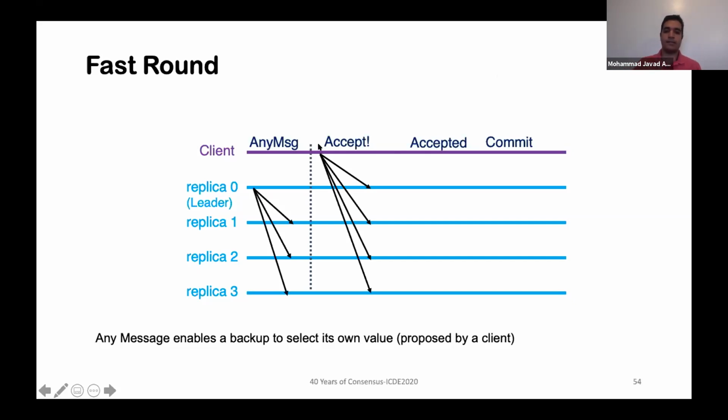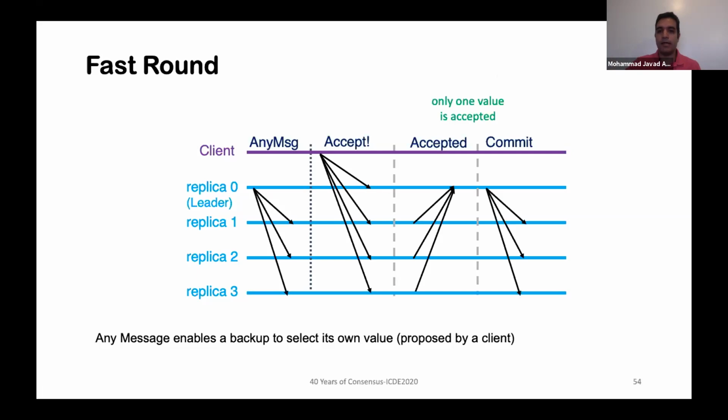The clients send accept message to all replicas, and then the replicas send accepted message to the leader. And if only one value is accepted by all replicas, then it is done. The leader can send a commit message to everyone and sends a reply to the client. So as you can see, we reduce one phase of communication between leader and all replicas.